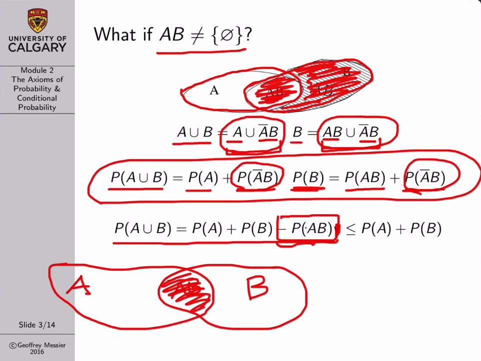One thing also that's kind of interesting is that we know, since probability values always have to be positive, that this generalized third axiom indicates that the probability of A union B is always less than or equal to the probability of A plus the probability of B. And so that means a couple of things.